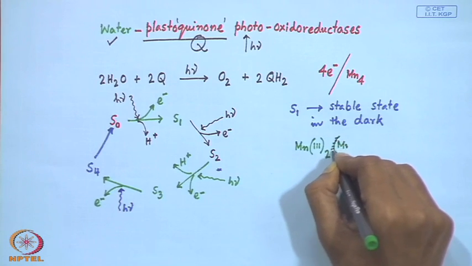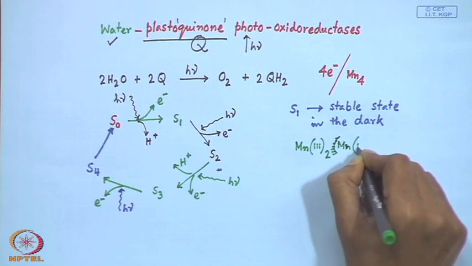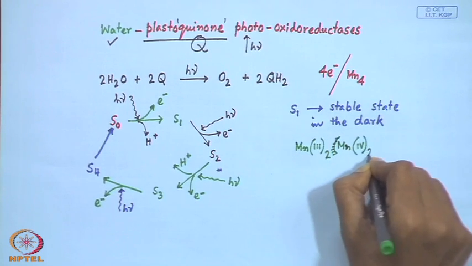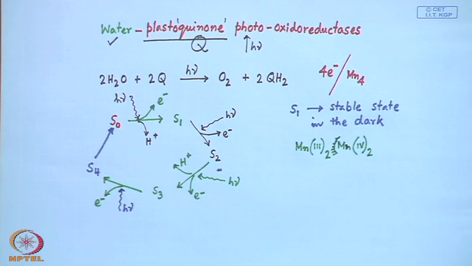Sorry, manganese 4 2. So, it is a mixed valent species where you have 2 of the manganese in the +3 state and 2 others in the +4 oxidation state.